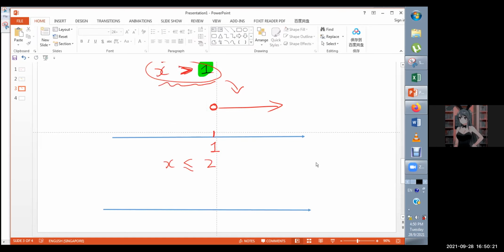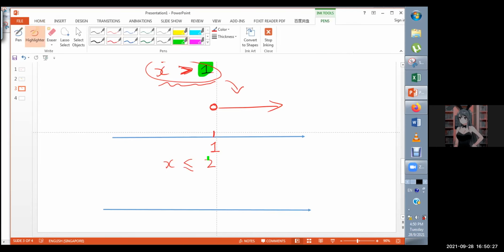And then since you have a 2 here, you need to write a 2 on the number line. Does it make sense? Okay, good. Then can you see that there is a slight difference here?